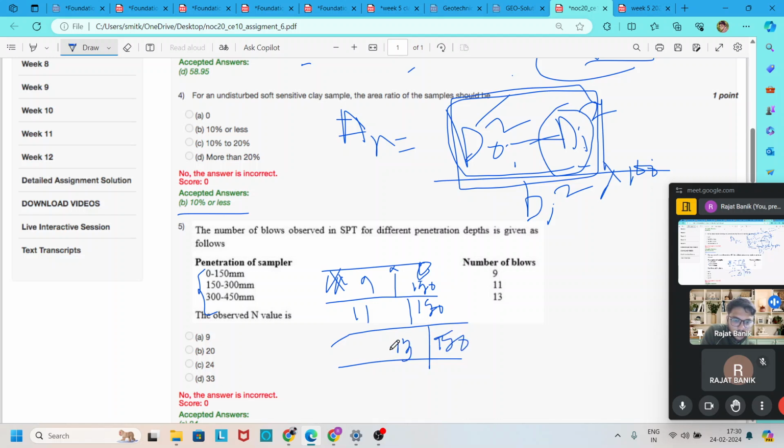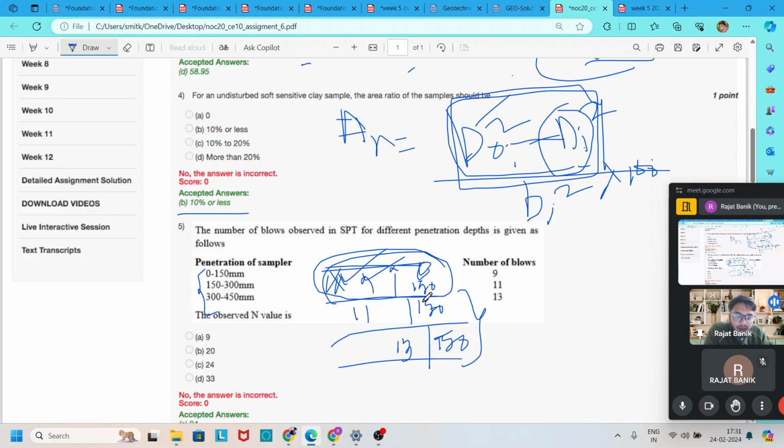If you remember, I told you that we have to neglect the first 150 mm result, because it is the upper soil layer, where the variability of soil is more. The standard value of the SPT number is the number of blows per 300 mm depth of penetration.